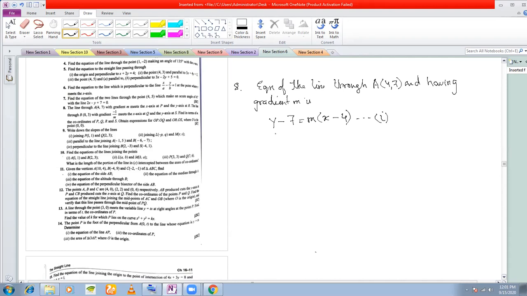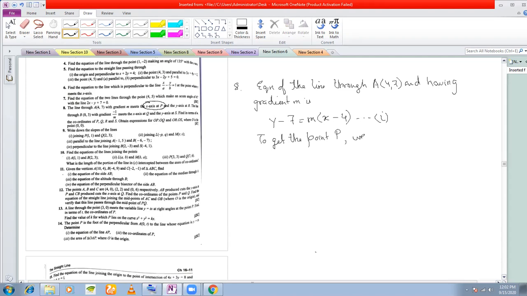Okay, next what is given here? The line through A with gradient m meets the x-axis at P and y-axis at R. So how do we get the point where it meets the x-axis? To get the point P, P is the point where it intersects the x-axis.